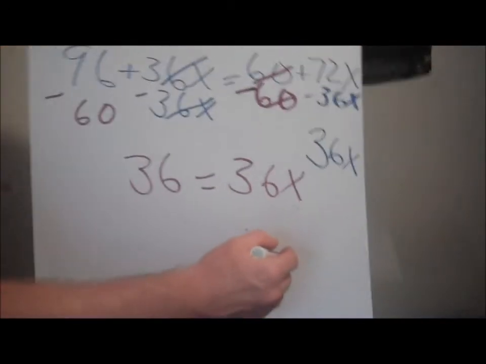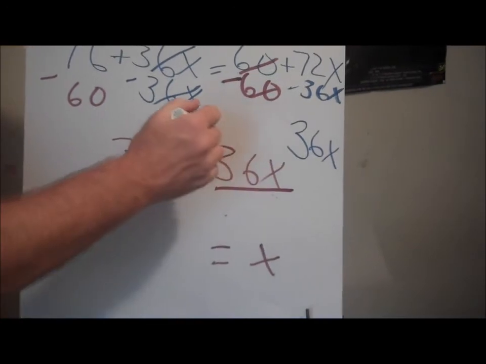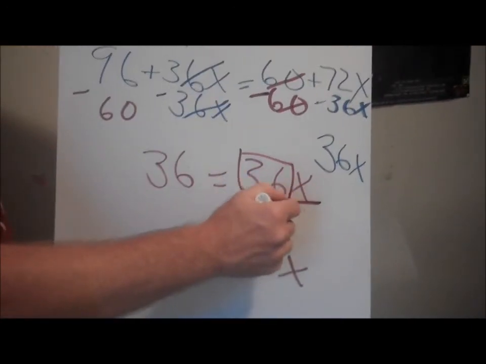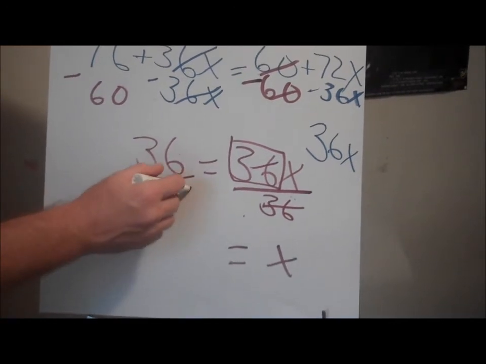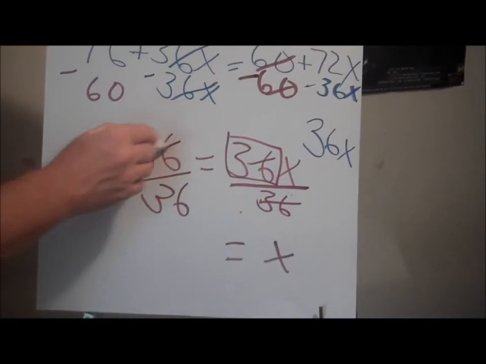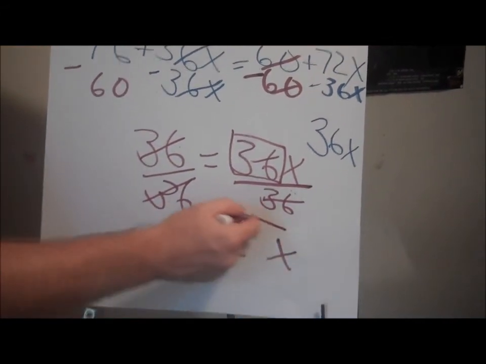That looks a lot nicer than what we started out with. To get 1x, we divide by what this number is, 36. And what we do to one side, we do to the other side. So any number over itself is always a 1.